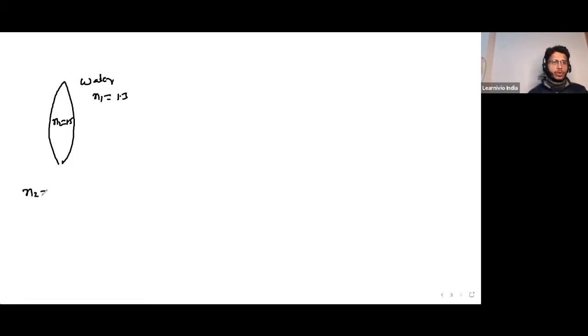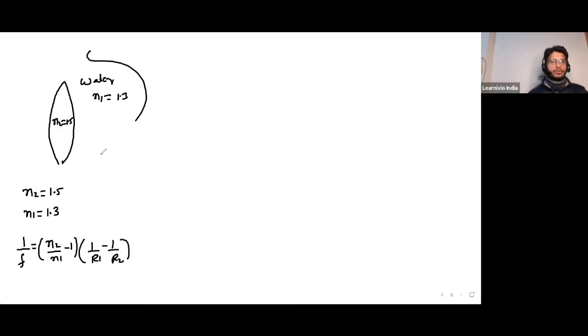Your N2 is still 1.5, but your N1 is now 1.3. So if I substitute this in the equation, 1 by F is (N2 by N1 minus 1) times (1 by R1 plus 1 by R2).